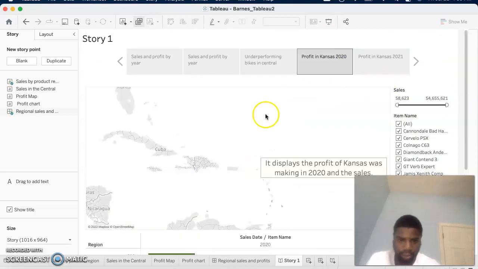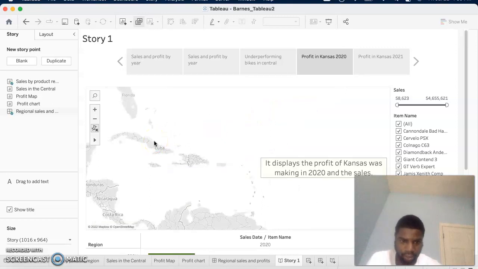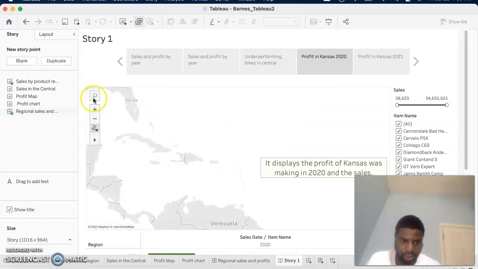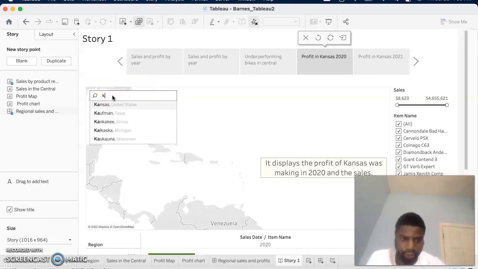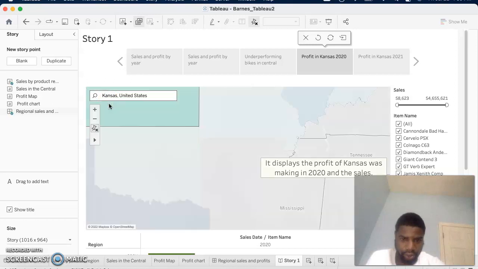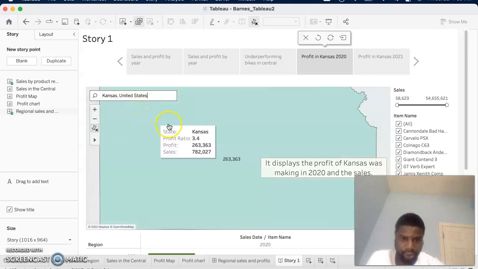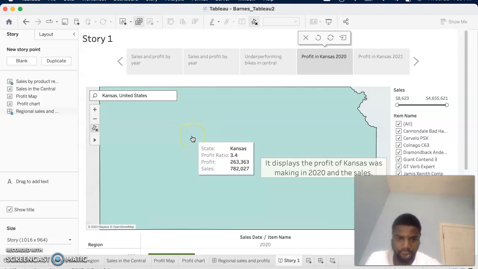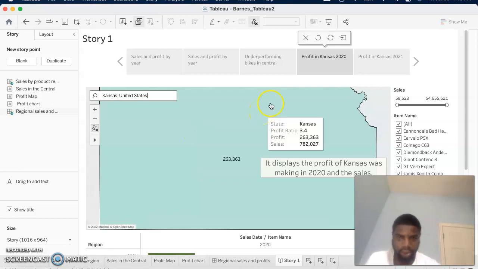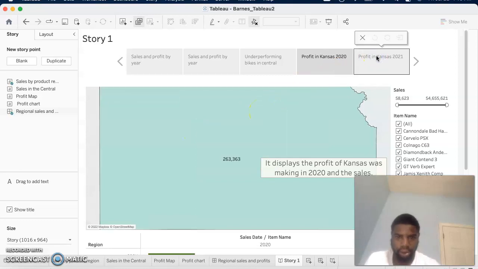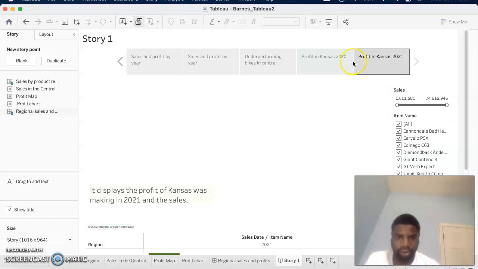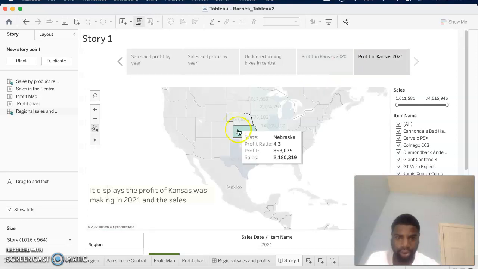And I did a profit for Kansas that I was making in 2020, and the profit was $2,600 and $363 in 2020, and the profit in 2021.